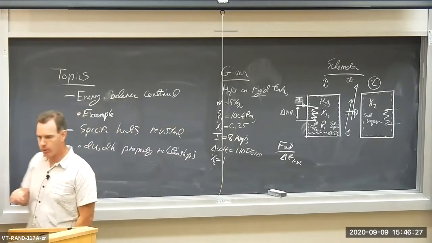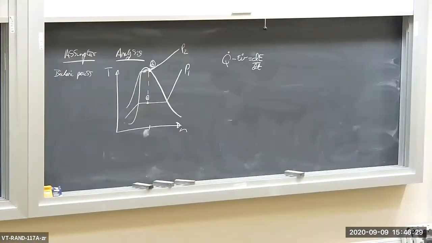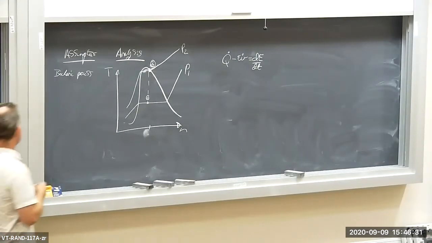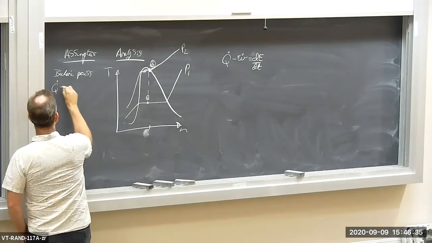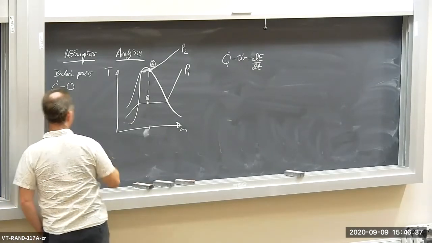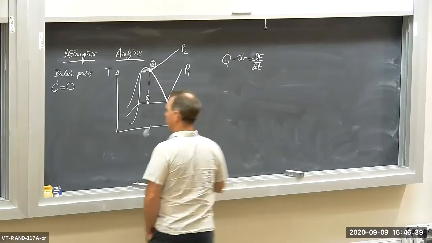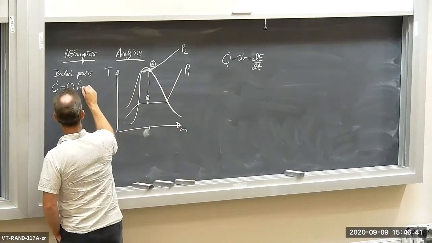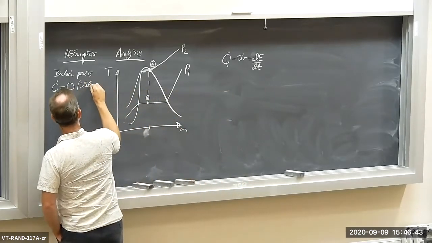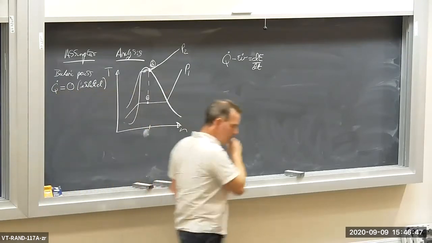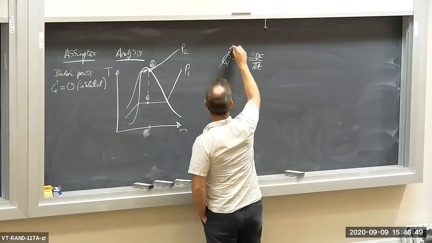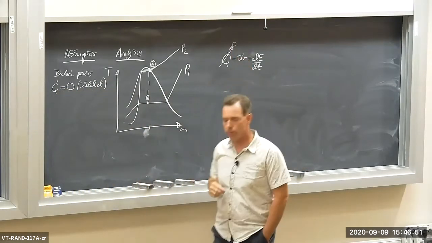So I think I need to assume away the heat transfer rate. So let's assume it is an insulated container, okay? So I'm going to assume Q dot is equal to 0.